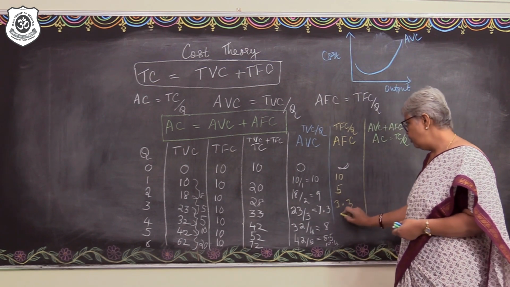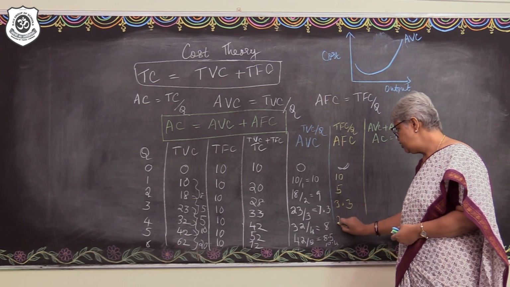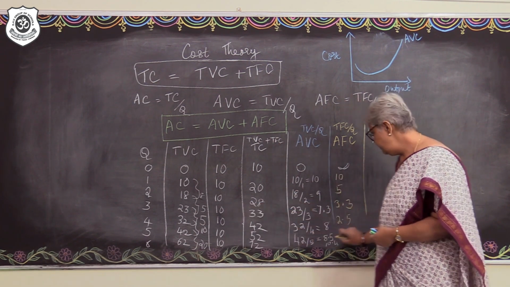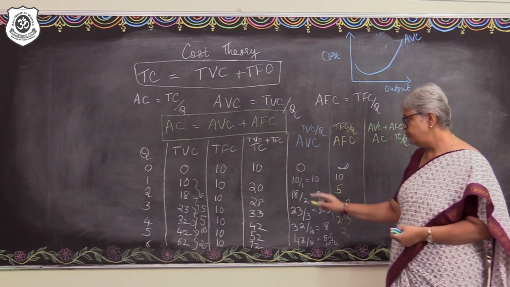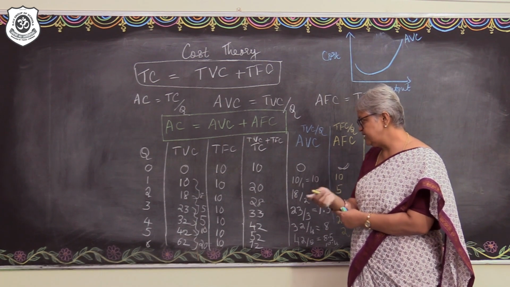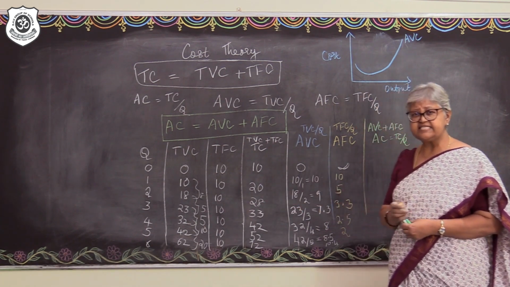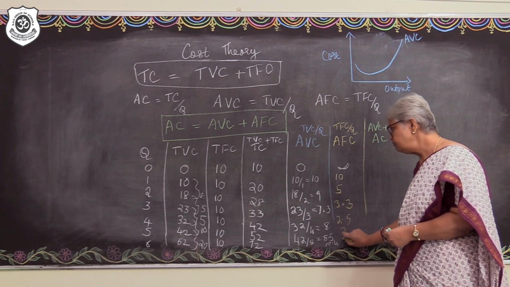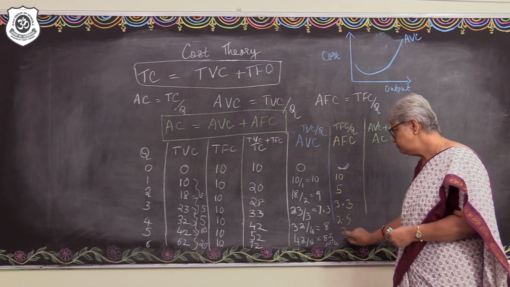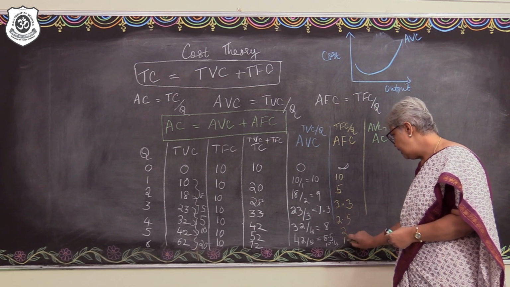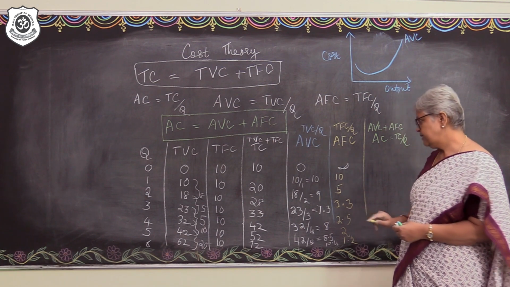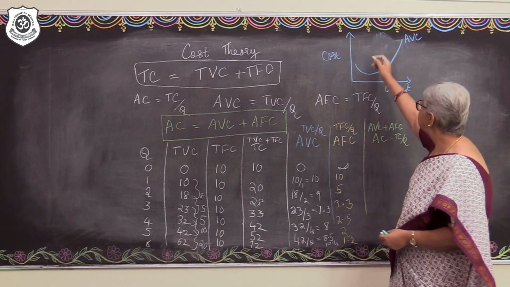And then 10 by 4, that is going to be 2.5, and then 10 by 5, that is going to be 2. And what's going to be the next one? 10 by 6 will be 1.2, right? So what do we understand?